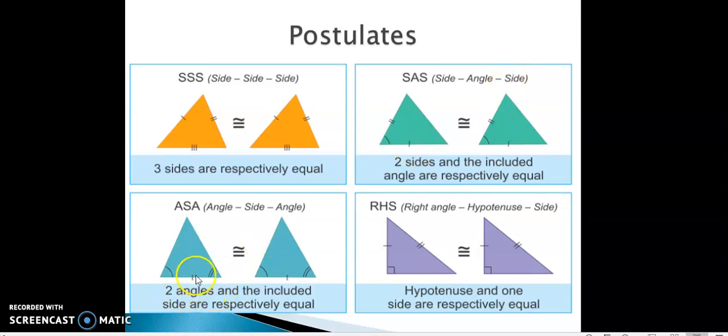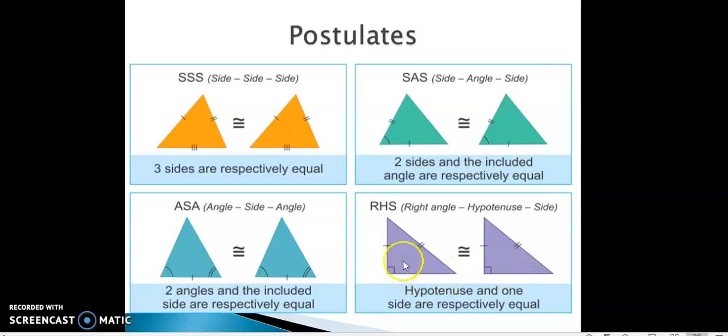Now the third one, in the correspondence of these two triangles, if two angles and one side are equal, and the side should be included in between these two angles, then they are satisfying the ASA postulate. And the fourth one is RHS, where R is right angle, H is hypotenuse and S is side, in correspondence of two right angle triangles.